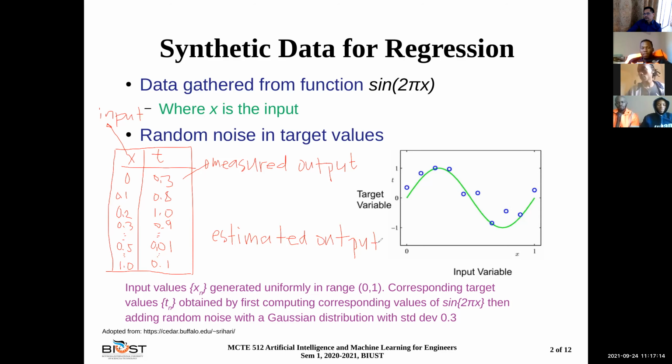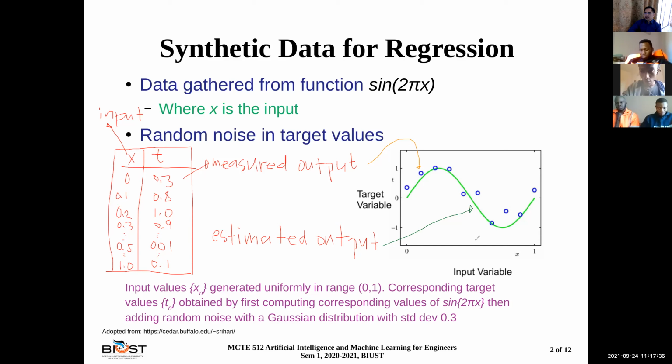Okay, so we have, maybe I should put, these are data points, and the other one is the estimated output. There's the real output and the estimated output.